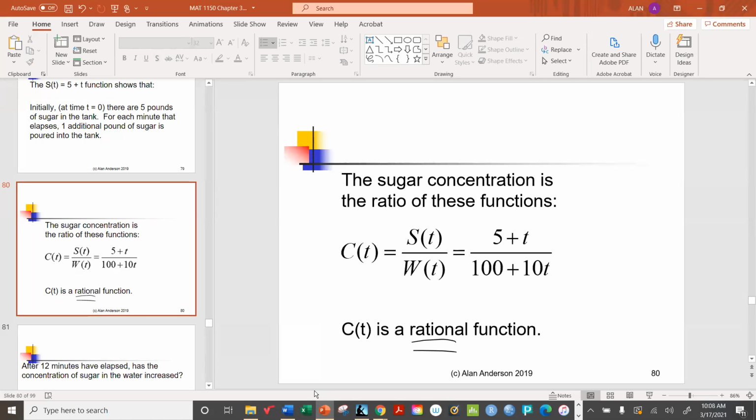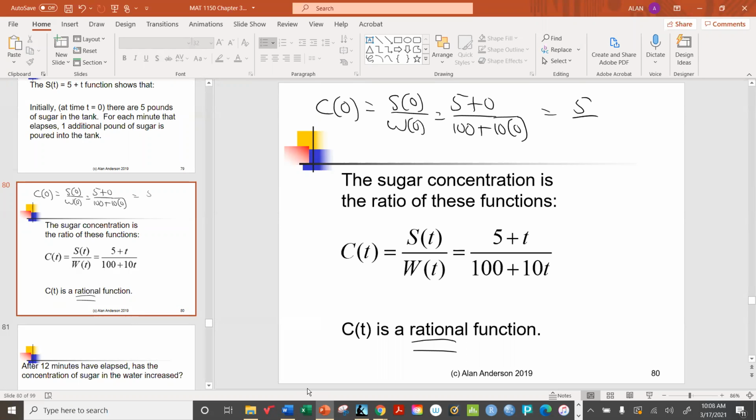And here's what it can do for us. By the way, let's just think about this for a second. C of 0, in other words, the initial concentration, can be calculated very quickly and easily as 5 over 100, or 5%.